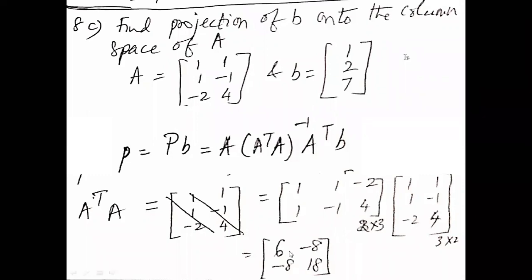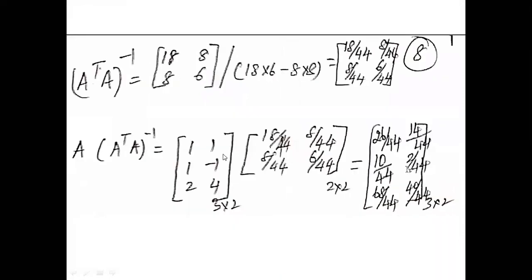How can you find the inverse? First, divide this by the determinant, swap the main diagonal, and change the sign of the other diagonal. So we have the determinant here. I found the determinant. I interchange the main diagonal and change the sign of these two diagonals. So that will give you A transpose A inverse.